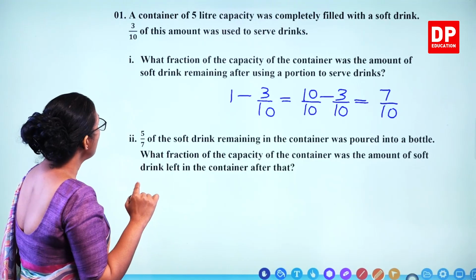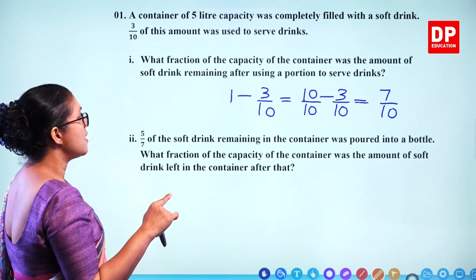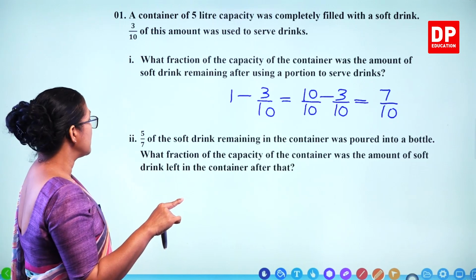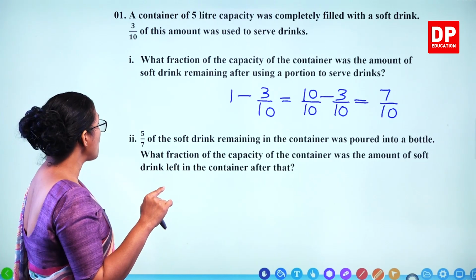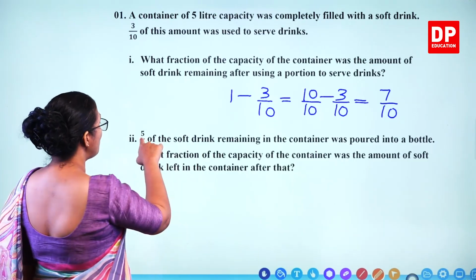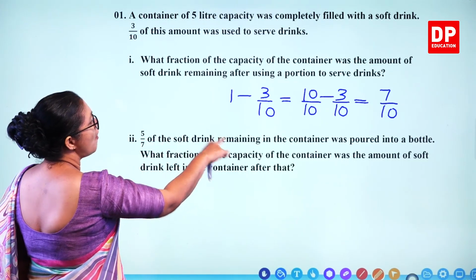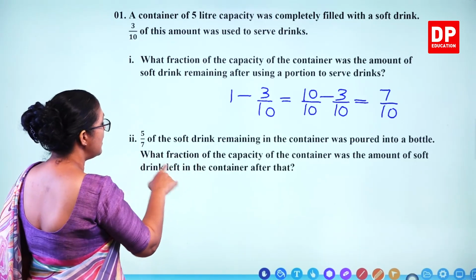Part 2, 5 over 7 of the soft drinks remaining in the container was poured into a bottle. What fraction of the capacity of the container was the amount of soft drinks left in the container after that? So poured 5/7 of the remaining part. So you need the leftover.